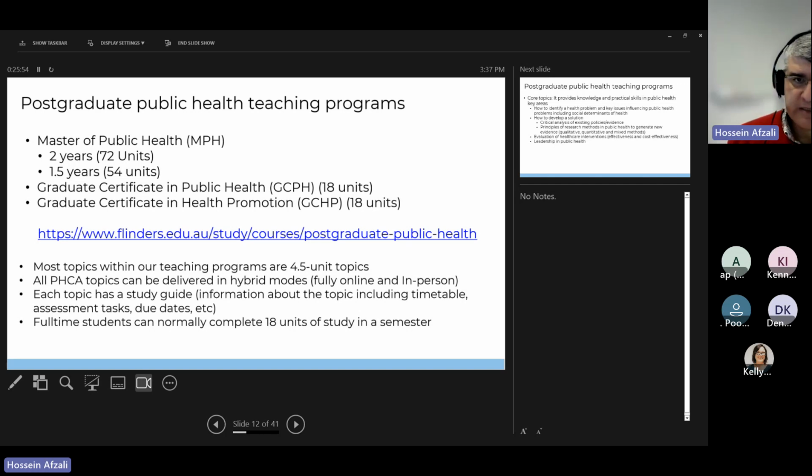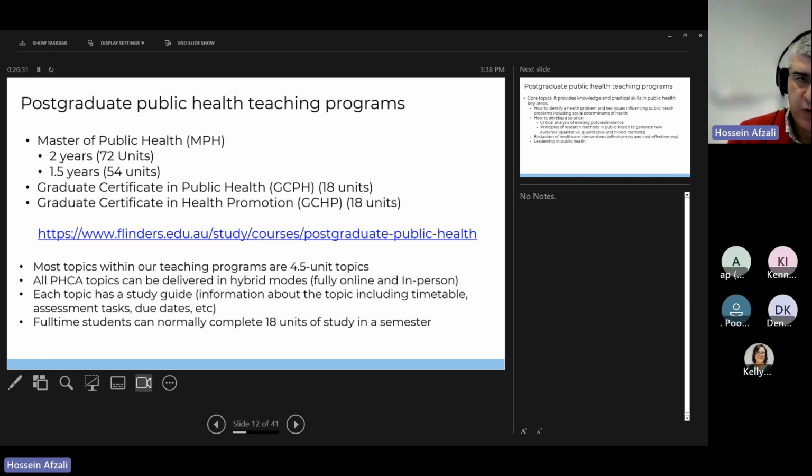And each topic has a study guide. Each topic has a Canvas topic site, and I'm quite sure those who enroll have access to this topic site. Within the topic site you can find, and again I encourage you, this would probably be the first action: look at the topic flow site and find the study guide or topic guide.